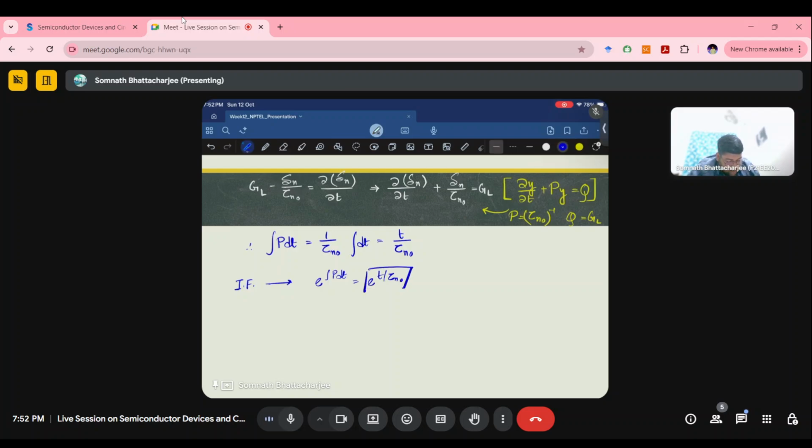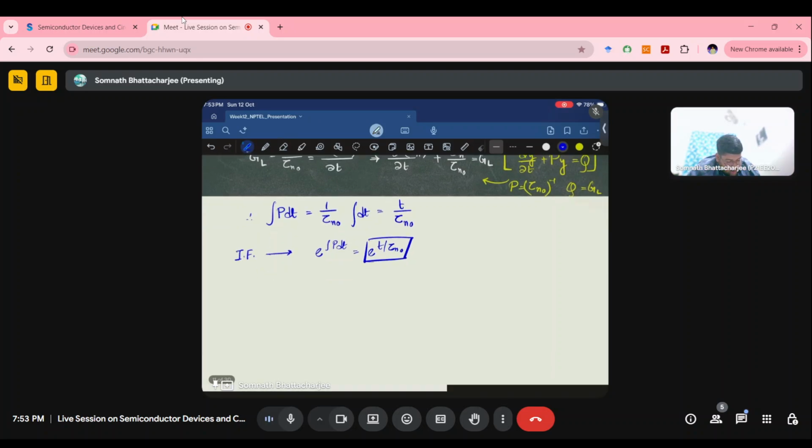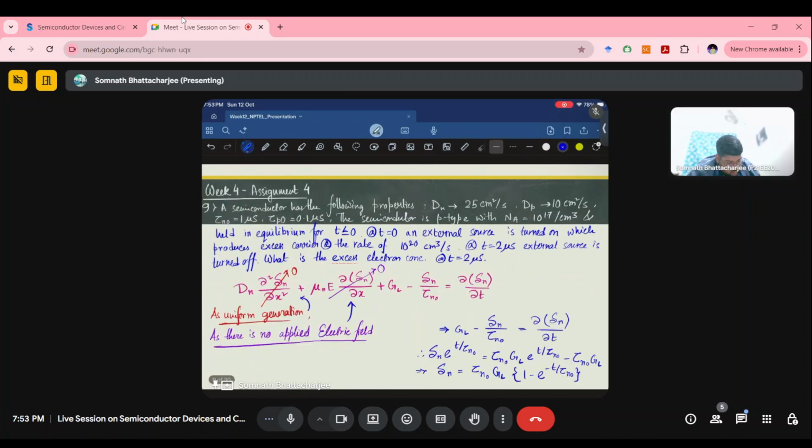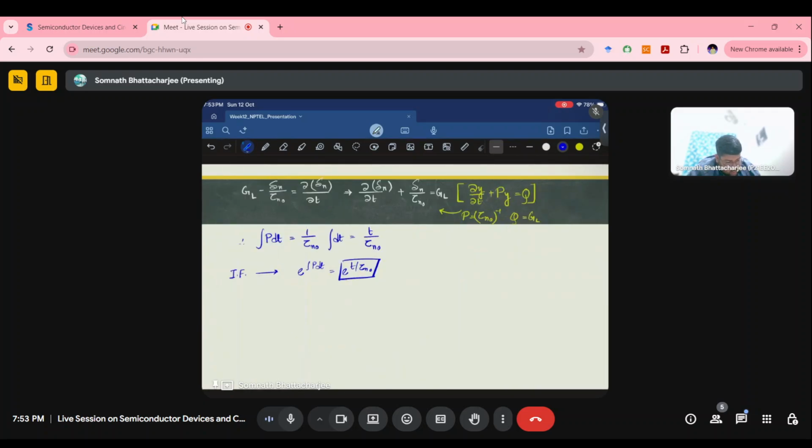This is our integrating factor, and we'll use it to write down the equation. The basic thing to solve this equation: P is 1 by tau n naught, and Q is GL.